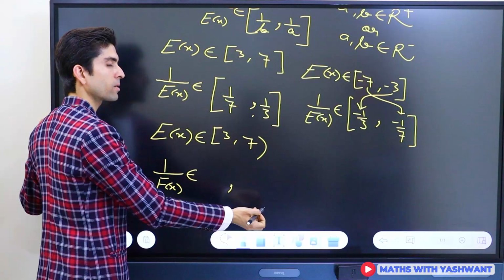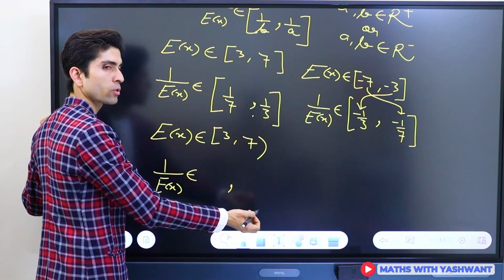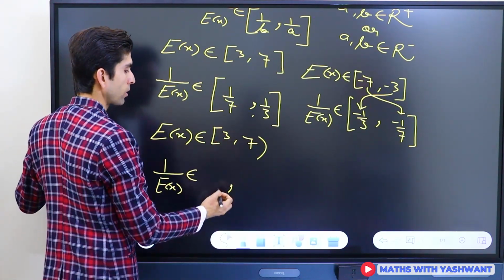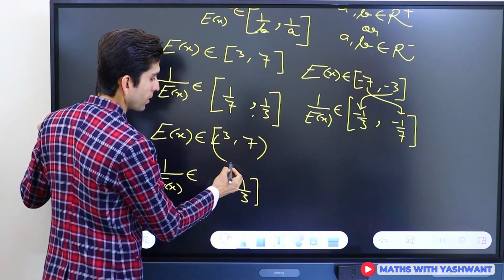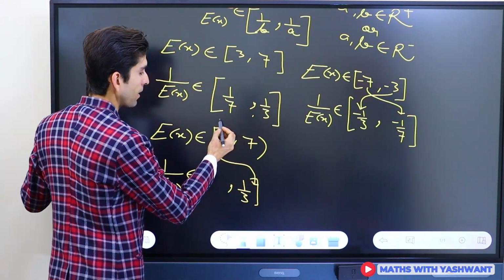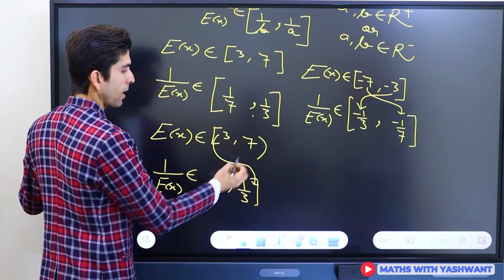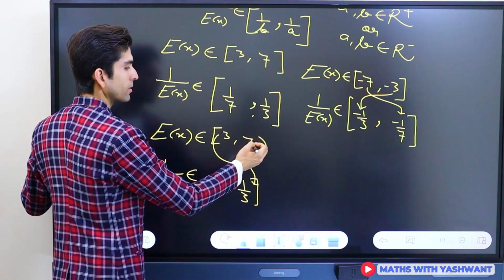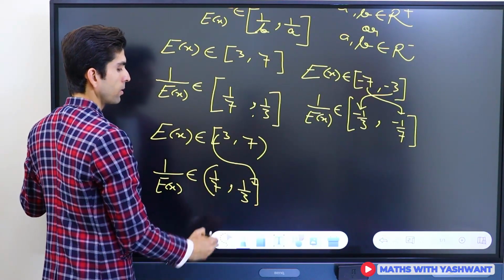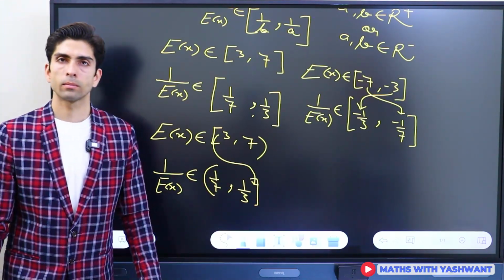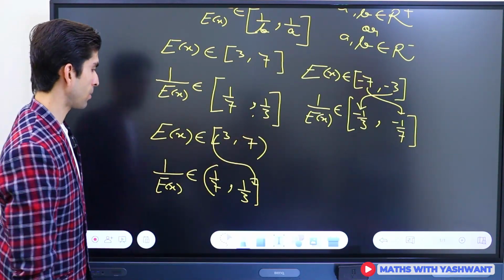So it will become the right hand boundary point for the new function after doing the reciprocal. So we have 1 by 3 closed. So this entire left will come on the right, and the right hand boundary point is 7 open. So after doing reciprocal, it becomes 1 by 7 open. As simple as that. Just take the negative example as well.